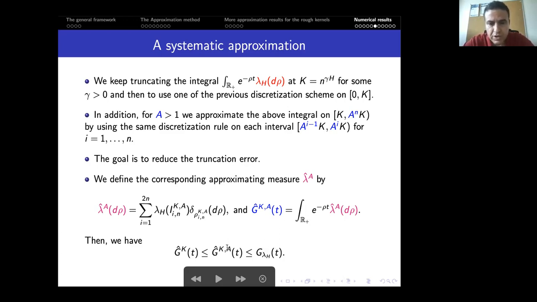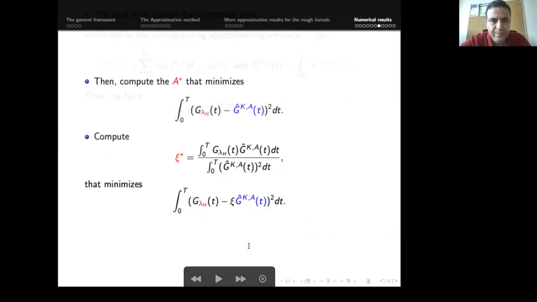So it means that we reduce the gap between g and g hat k if we use an approximation g hat k a. But as you can notice here, there is still a gap here, and we want also to cover this gap.